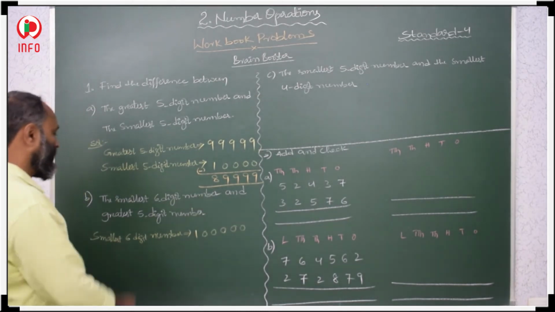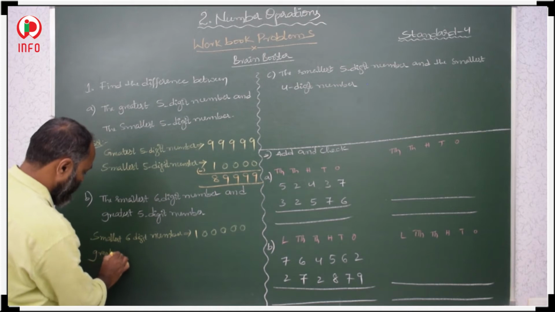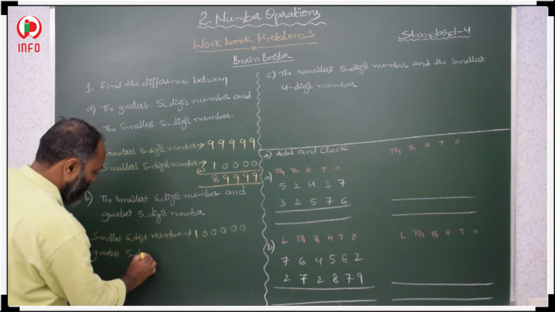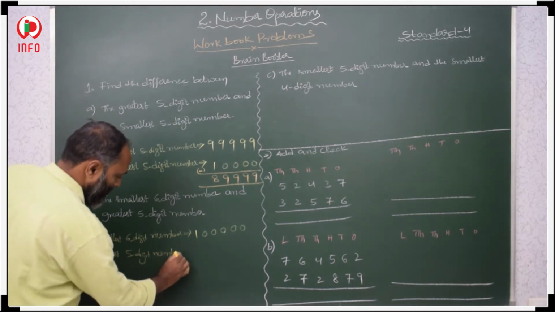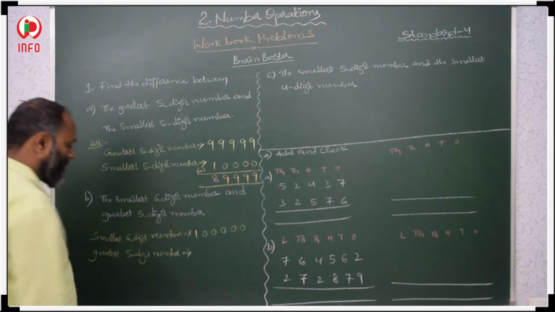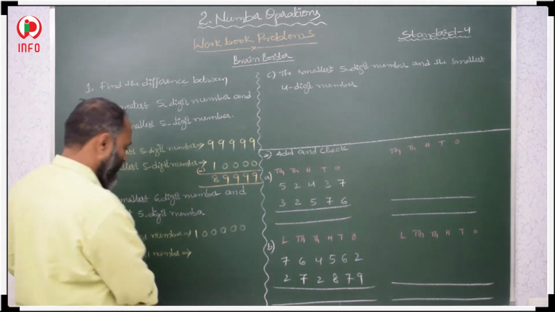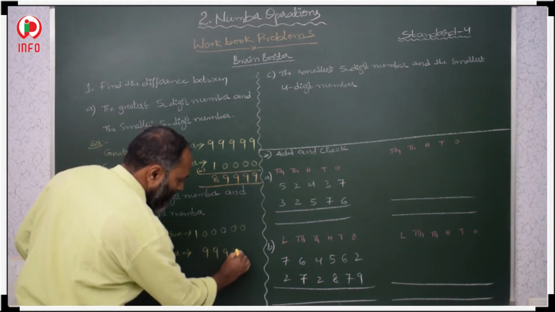Then the greatest 5-digit number. Greatest means we have to take all nines. How many? 5. 5 nines from here: 1, 2, 3, 4, 5.